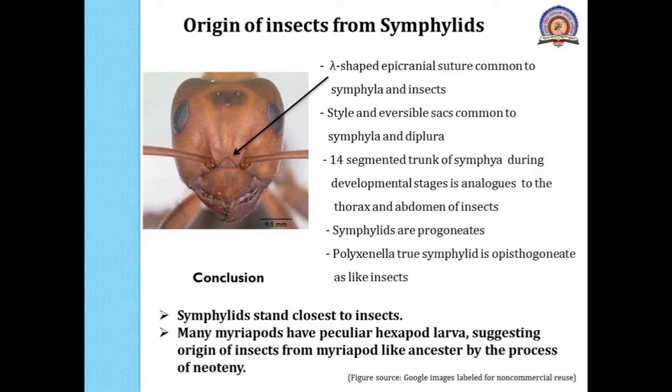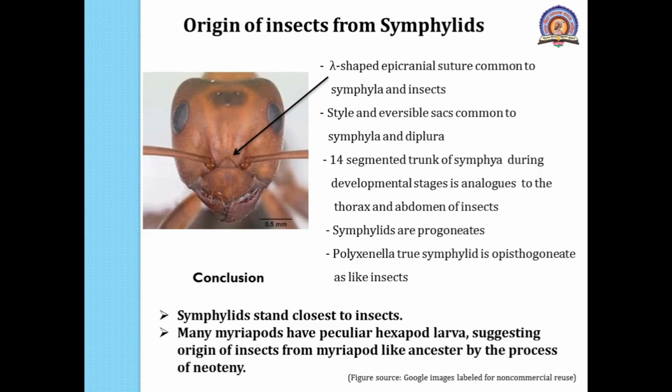Now all the same, the present trend is towards maintaining that the myriapods, notably the symphylids, stand closest to the insects, and many myriapods have a peculiar hexapod larva, which suggests the origin of insects from myriapod-like ancestors by the process of neoteny.